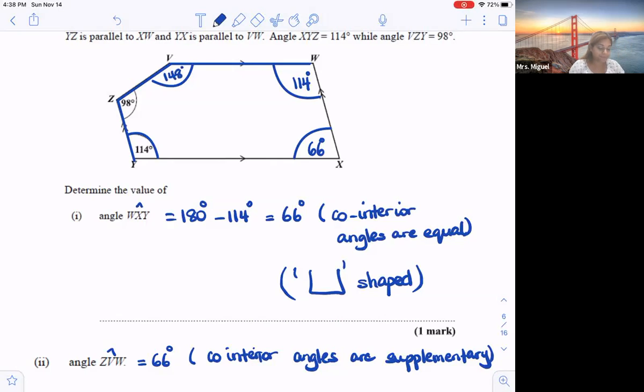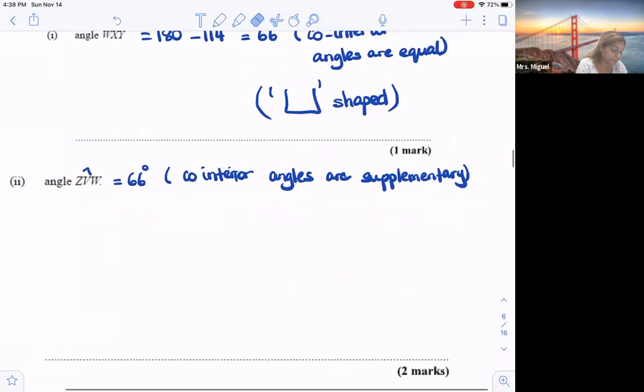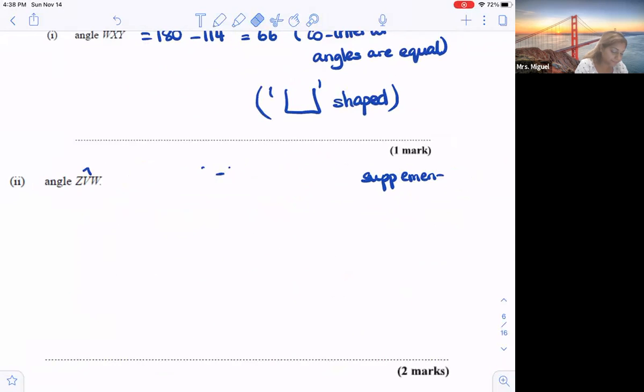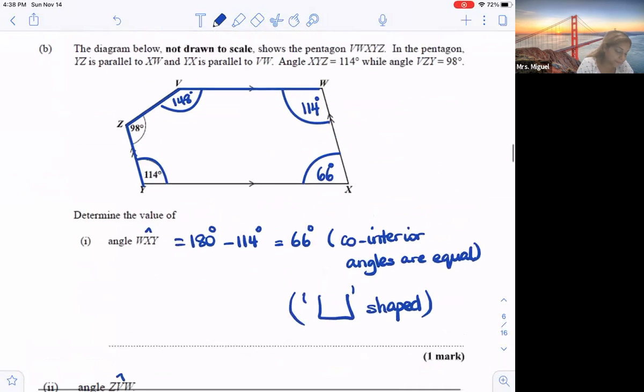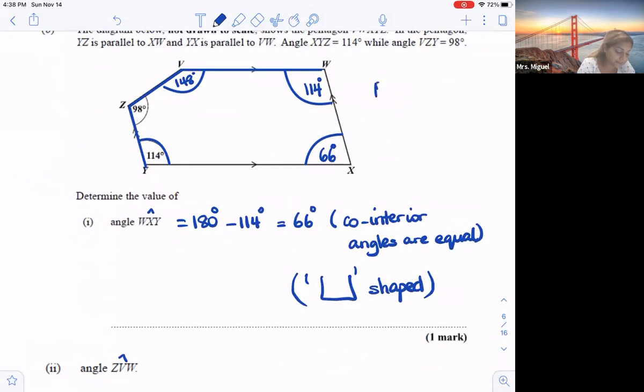So we have a polygon. So let me erase this. We know 4 sides. It is called a rectangle. That is called a quadrilateral. And the sum of the angles in a quadrilateral is 360. So this shape is what we call a pentagon. So we need to know how many degrees are there in a pentagon.